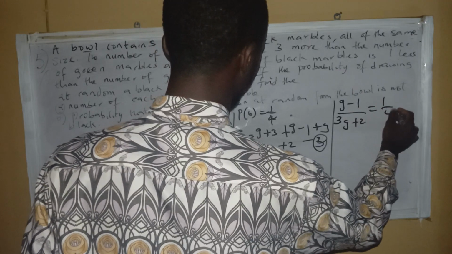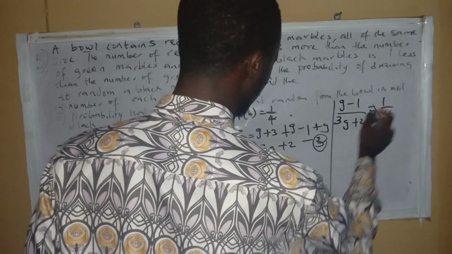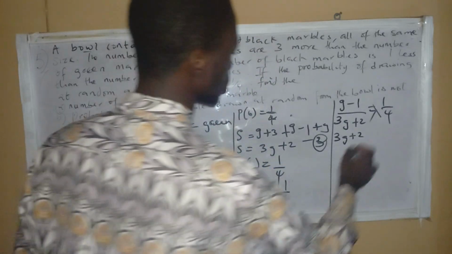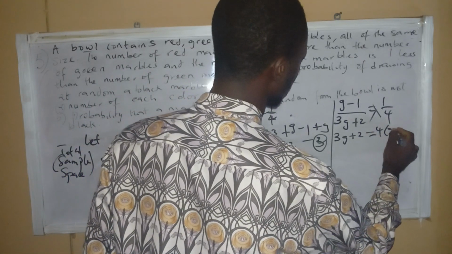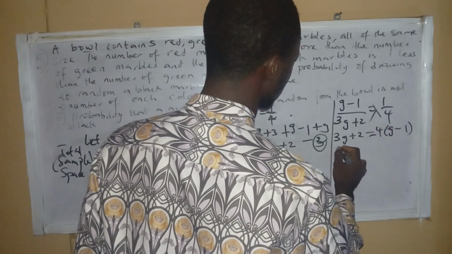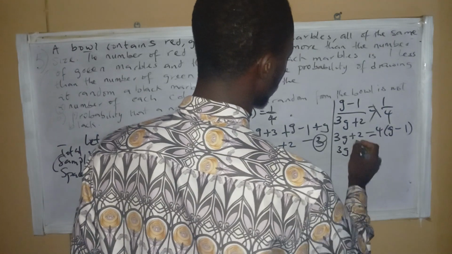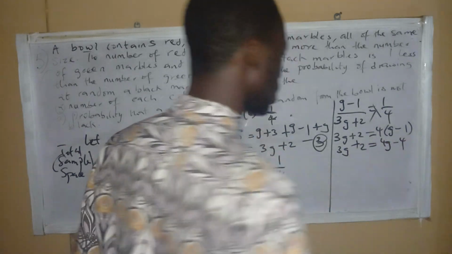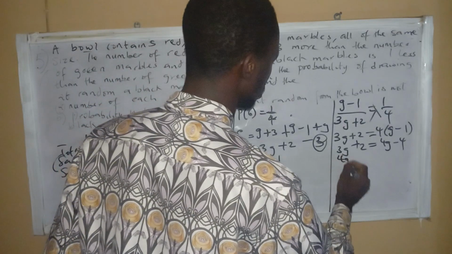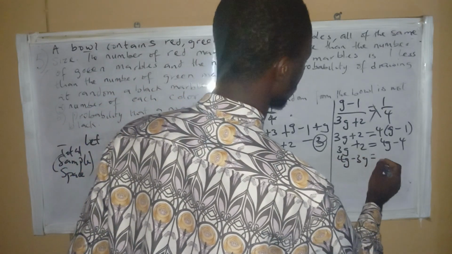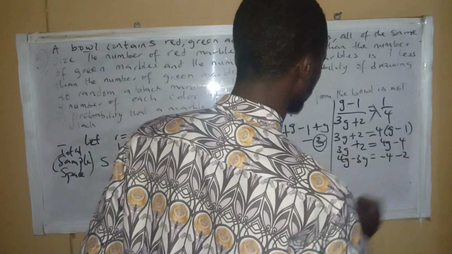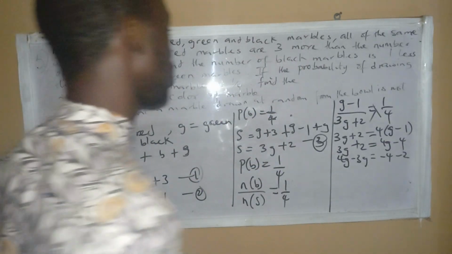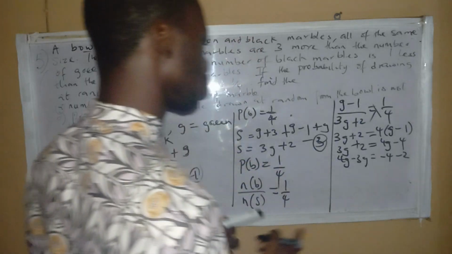Now you can cross multiply: 3G plus 2 equals 4 times G minus 1, and 3G plus 2 equals 4G minus 4. You can collect like terms, and then you have 4G minus 3G equals minus 4 minus 2.